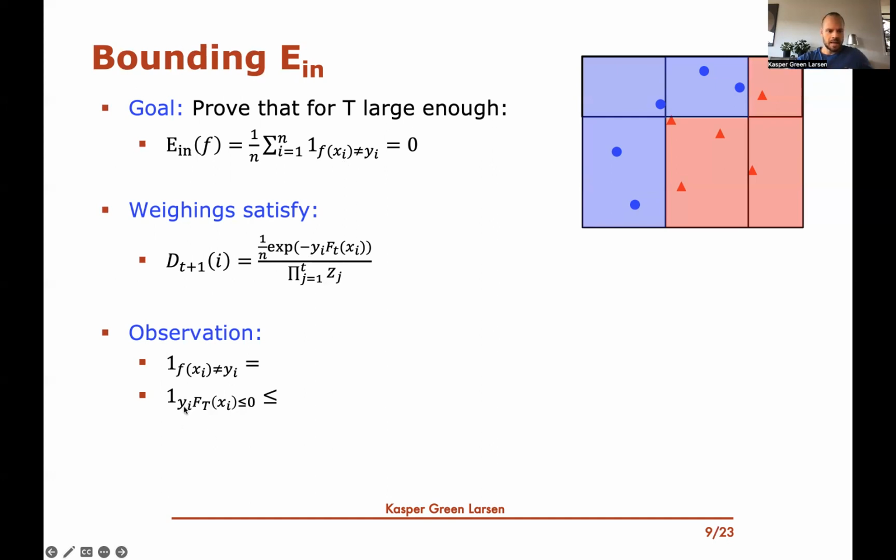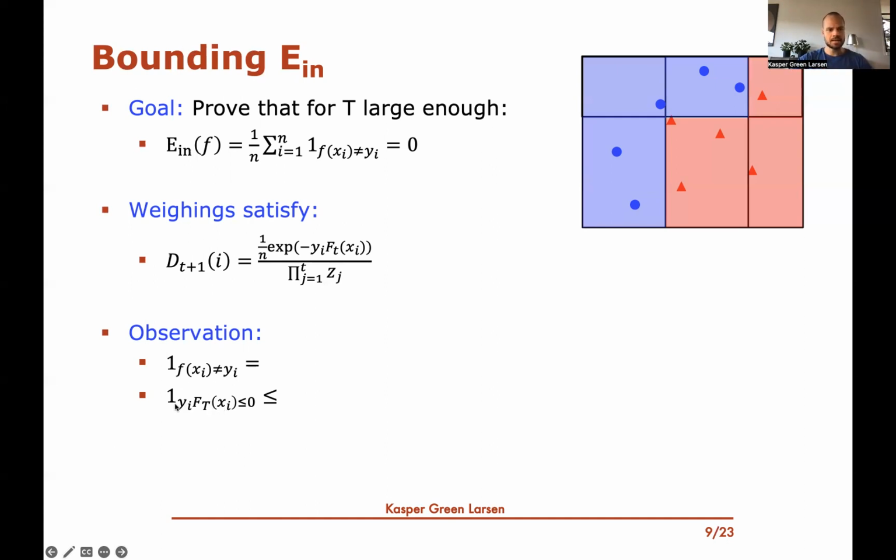Because if ft of xi is 0, then we still count it as a misclassification up here, and this is also still going to count 1. If ft of xi is different from 0 and has the opposite sign of yi, then when I take the sign of ft of xi, I'm going to get a wrong prediction.